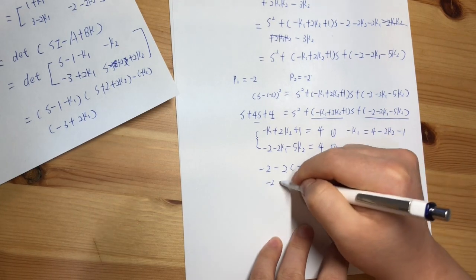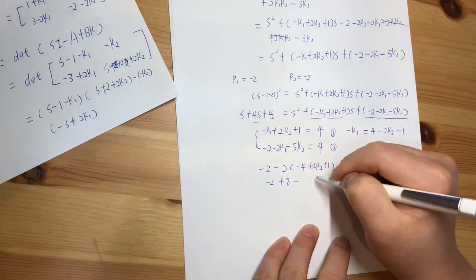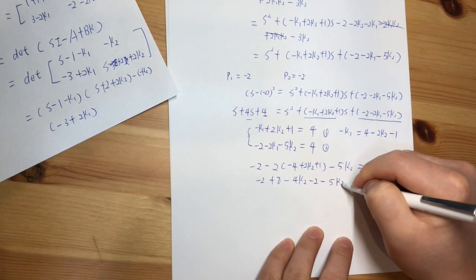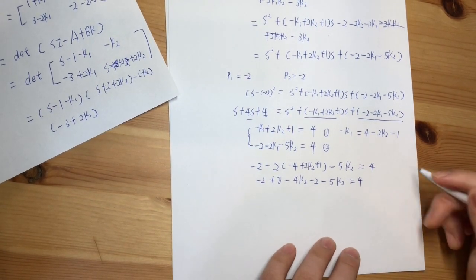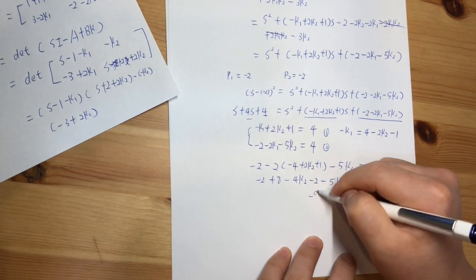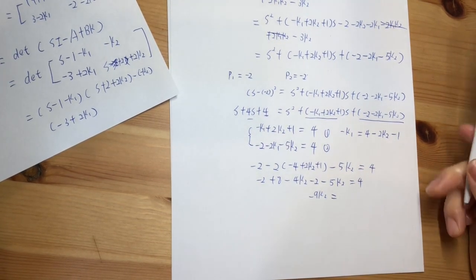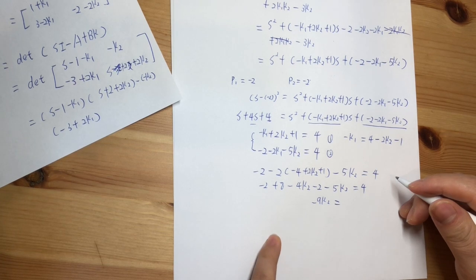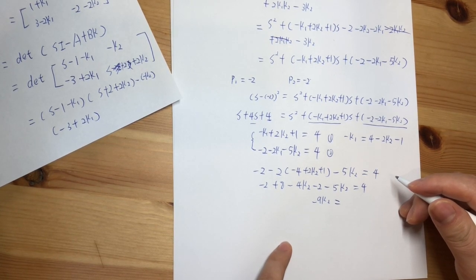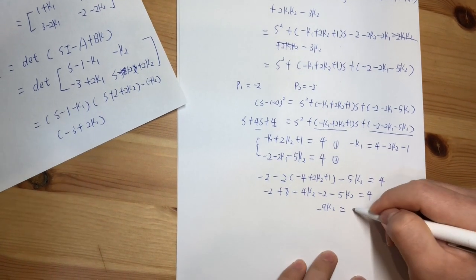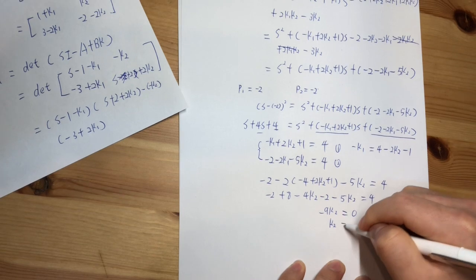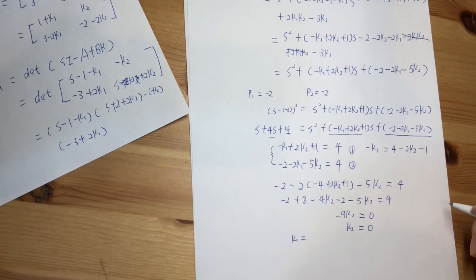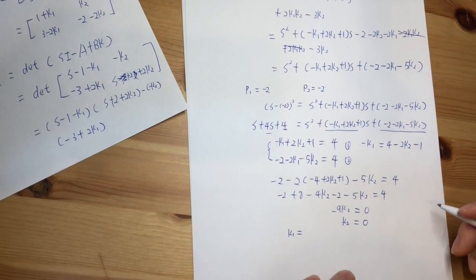Minus 2 minus 6 plus 4k2 minus 5k2 equal to 4, so minus k2 equal to 12, ... and then k1 is computed from the first equation.